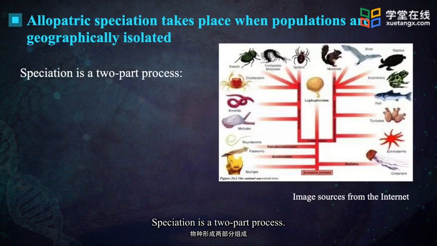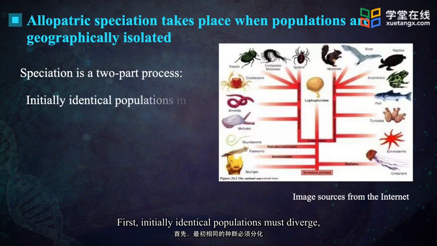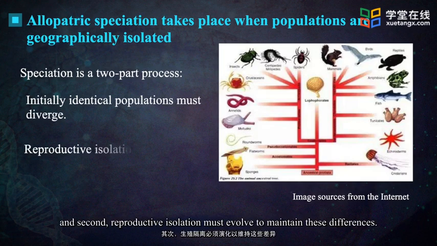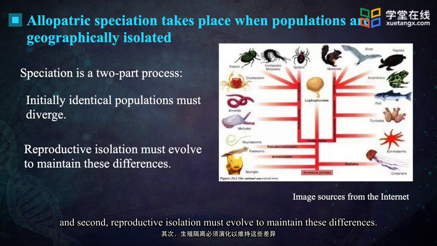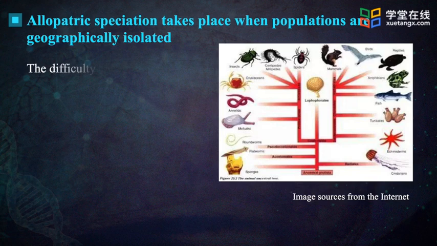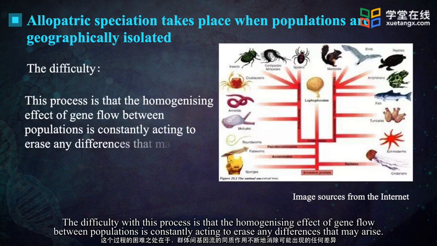Speciation is a two-part process. First, initially identical populations must diverge, and second, reproductive isolation must evolve to maintain these differences. The difficulty with this process is that the homogenizing effect of gene flow between populations is constantly acting to erase any differences that may arise.